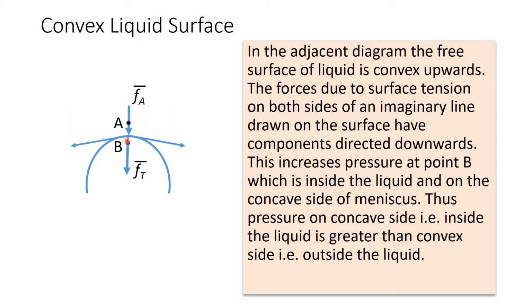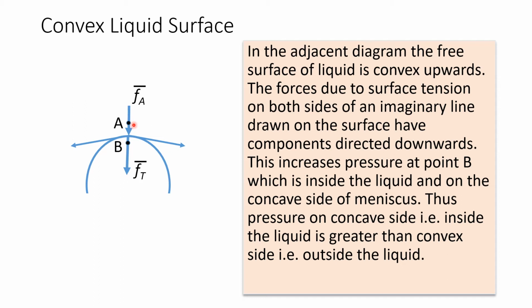But if you imagine the resolution of the forces due to surface tension, then the horizontal components of Ft bar cancel each other because they are oppositely directed, and the vertical components get added, and therefore the resultant Ft bar is acting downwards. Here Fa bar is the force due to atmospheric pressure.